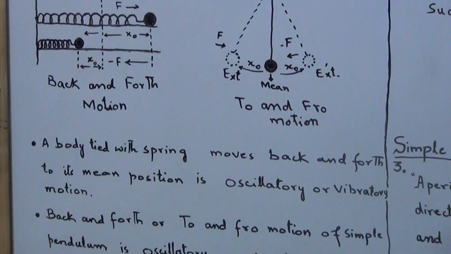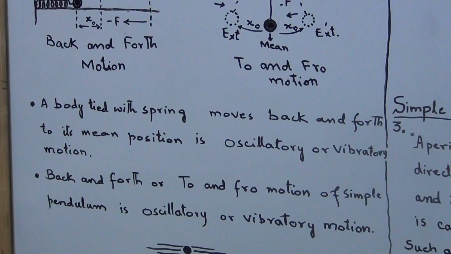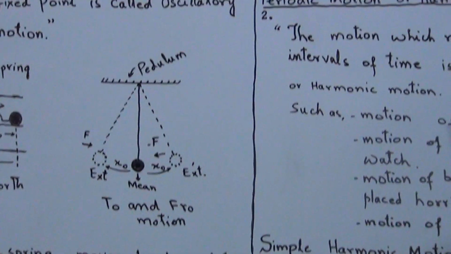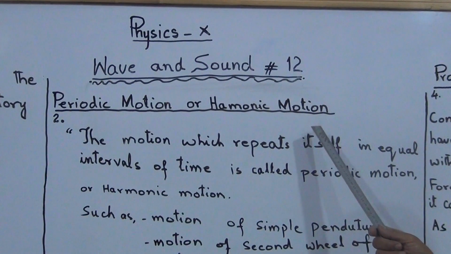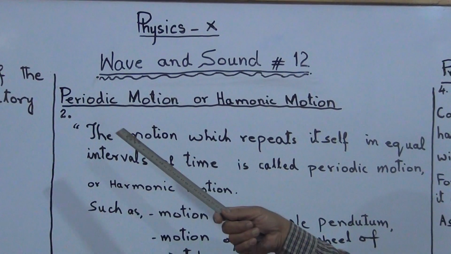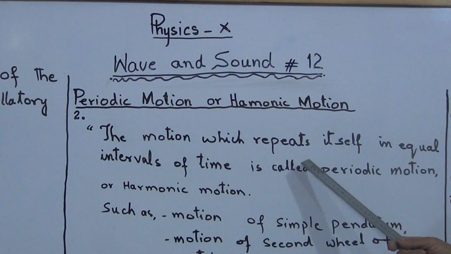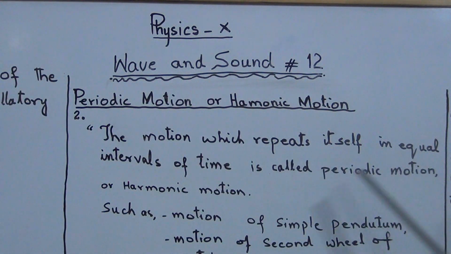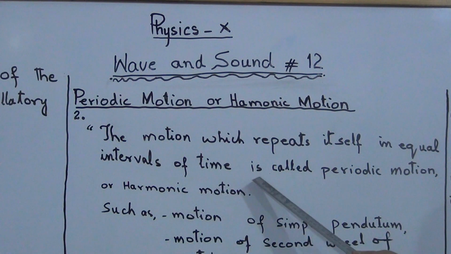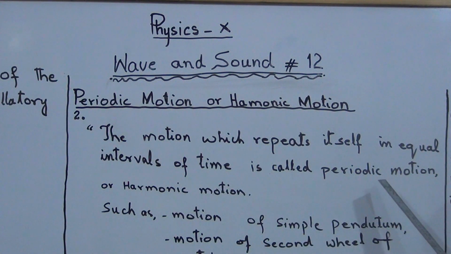Now, what is periodic motion or harmonic motion? Periodic motion or harmonic motion is the same thing. Now, how will you define it? The motion which repeats itself in equal intervals of time is called periodic motion or harmonic motion.